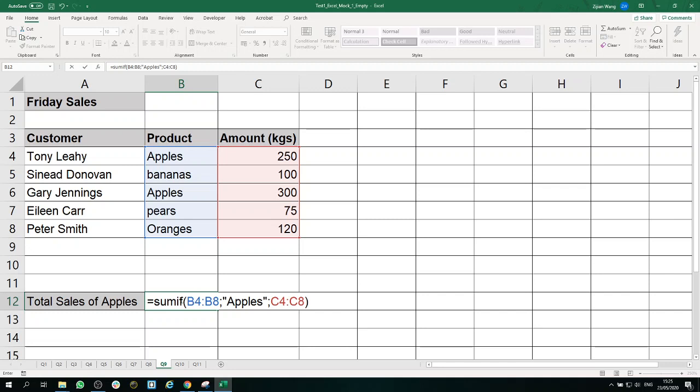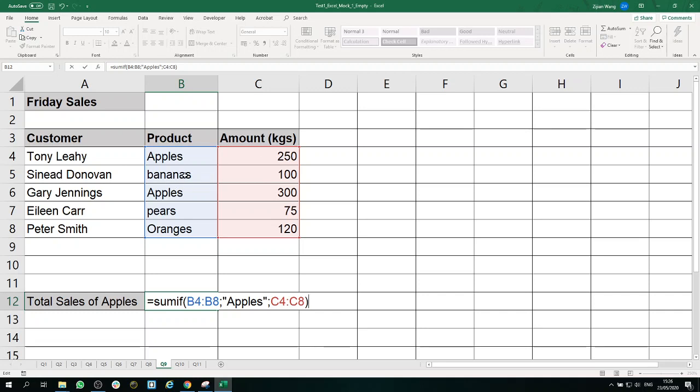So read it again. SUMIF, we use SUMIF because there is a condition, and the range is where we search for the keyword apples, and the apples is here as criteria, and if apple is found, then we add values in this range. So if apple is found here, then we will add 250.